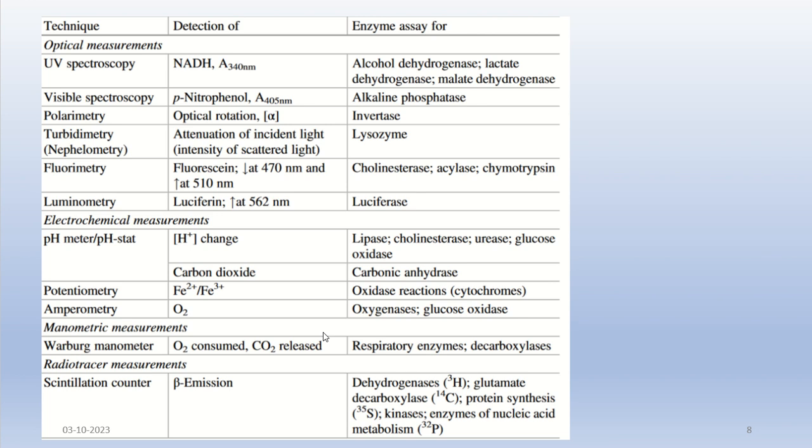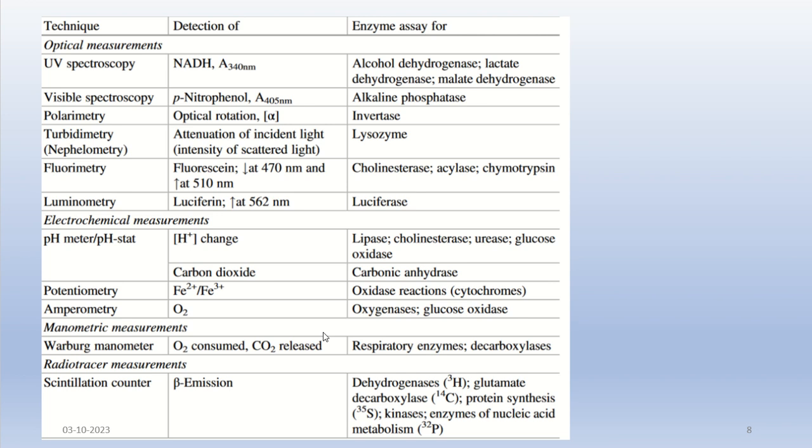One can ask which techniques are useful for the measurement of enzymes or enzyme assay. Another method through which you can measure enzyme activity is electrochemical measurement. How do we detect hydrogen ion, H plus, changes?